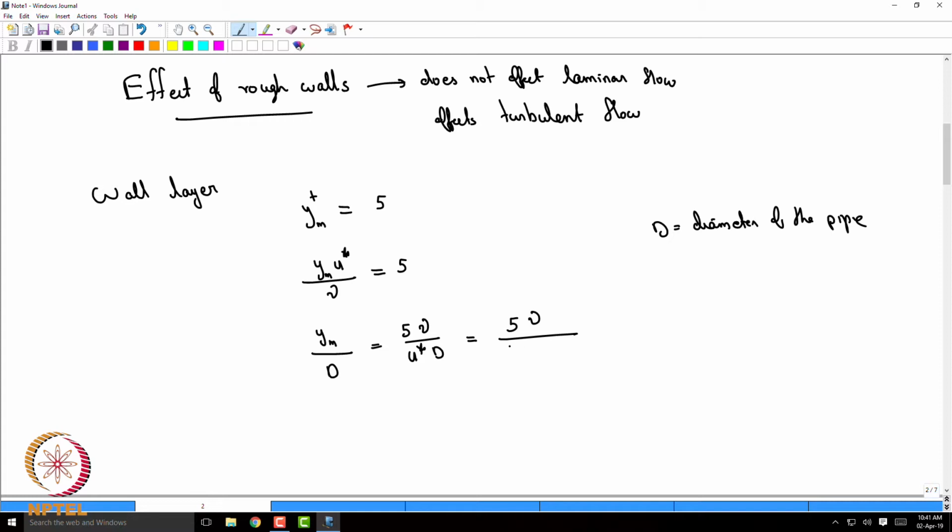I want to bring in an average velocity because I want to write it down in terms of Reynolds number.